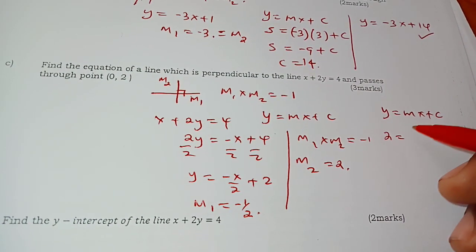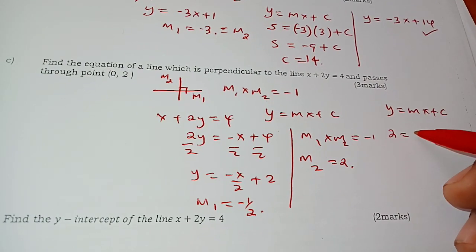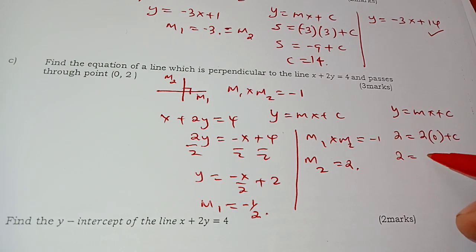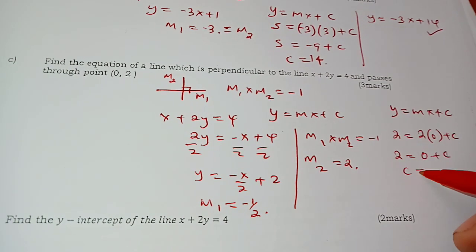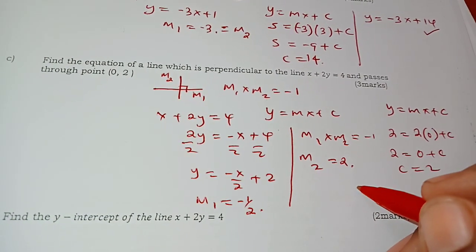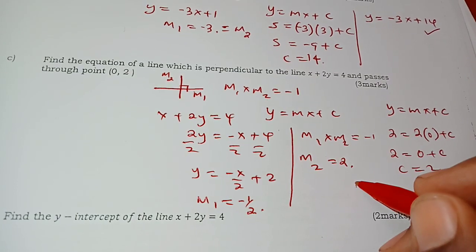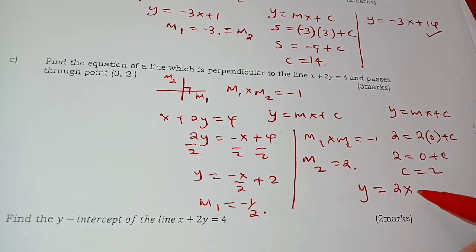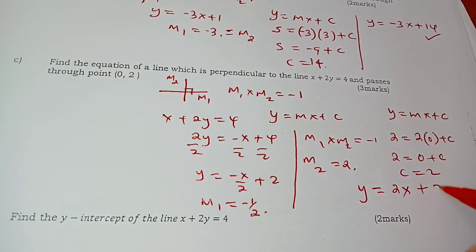So 2 equals 0 plus c, and c is 2. We can rewrite this equation in this form, maintaining y and x. The gradient is 2, so variable x and then plus the constant.